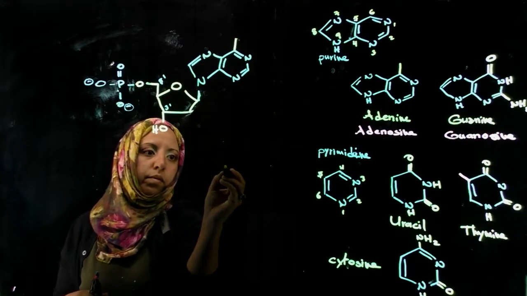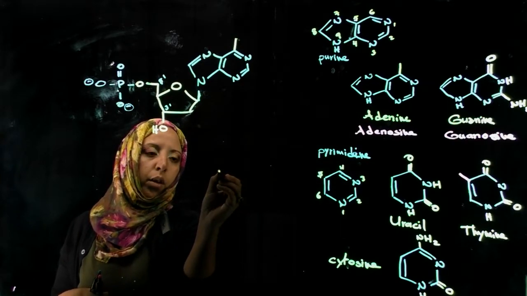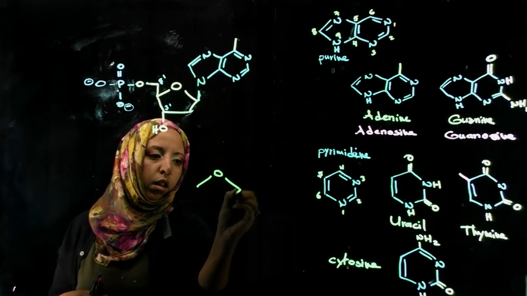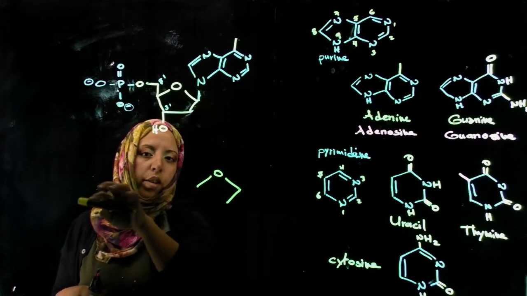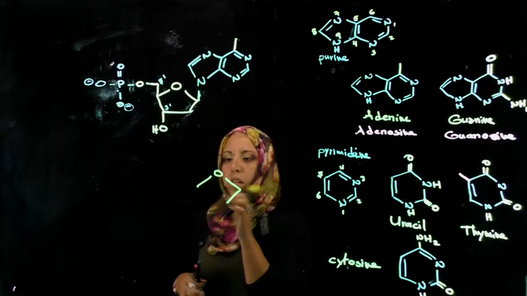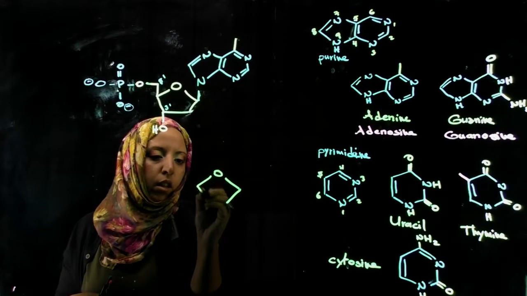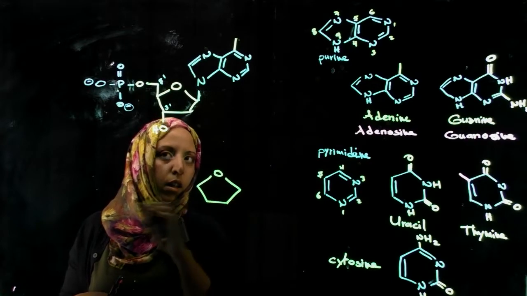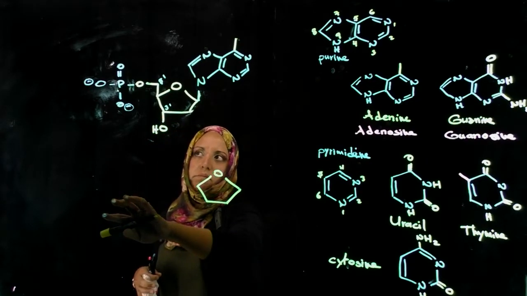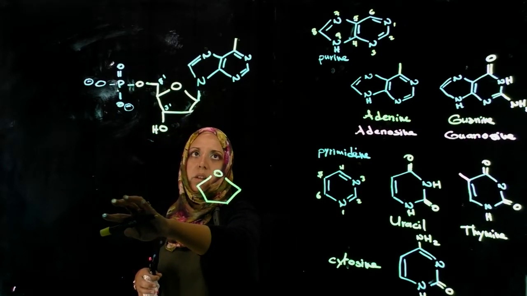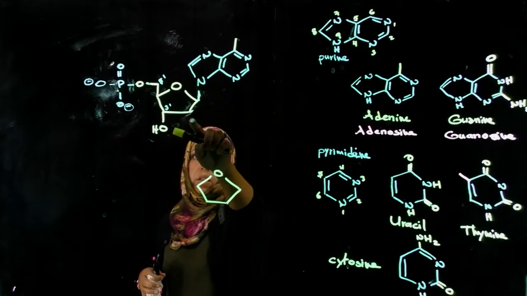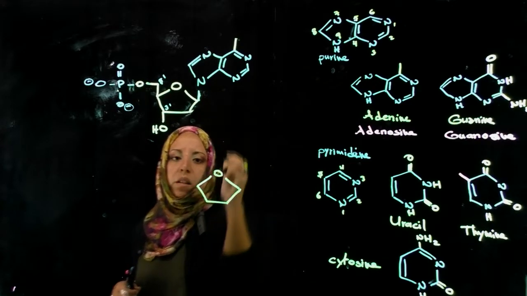So we are going to draw. Actually, for that name, yeah, that's fine. It was a deoxy ATP, right? Because it was missing the 2' alcohol group.